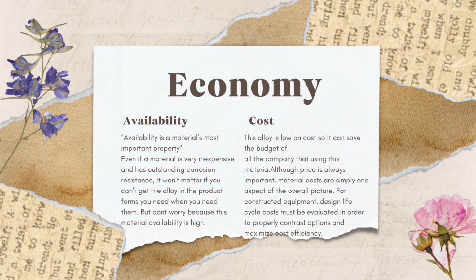And for the cost, this alloy is low in cost, so it can save the budget of all the companies using this material. Although price is always important, material costs are simply one aspect of the overall picture. For constructed equipment, design life cycle costs must be evaluated in order to properly contrast options and maximize cost efficiency.